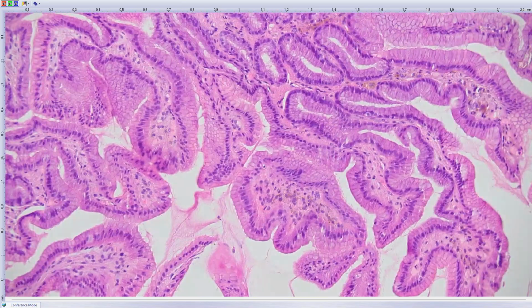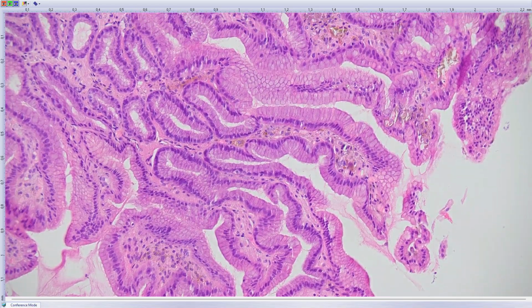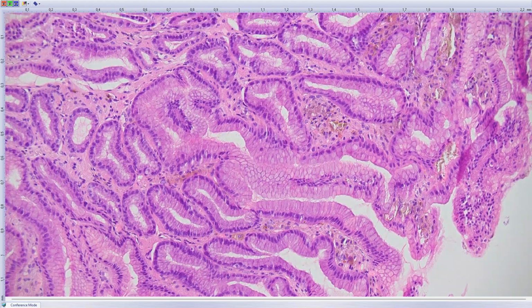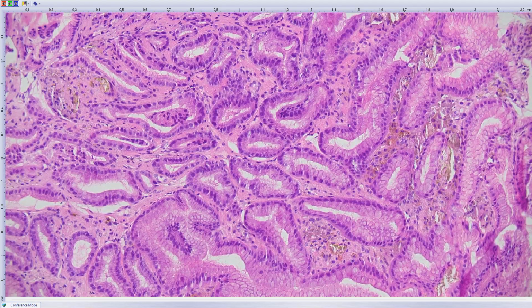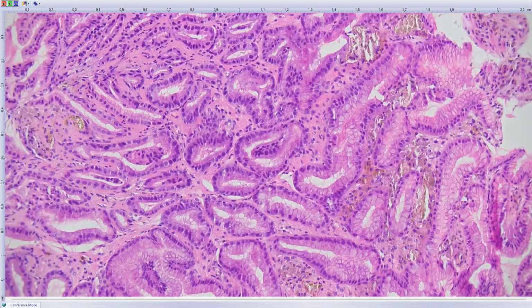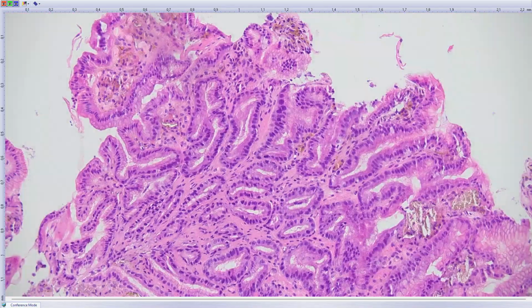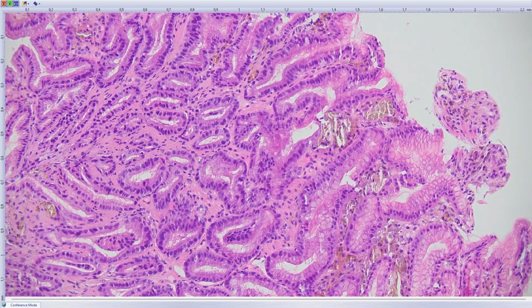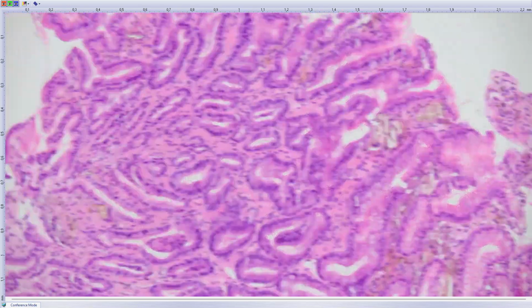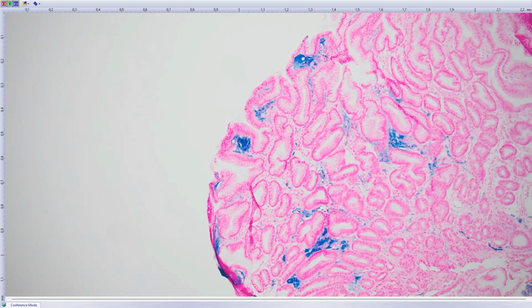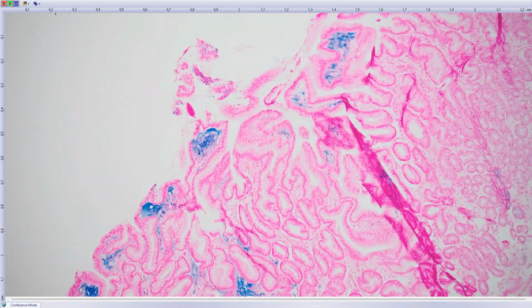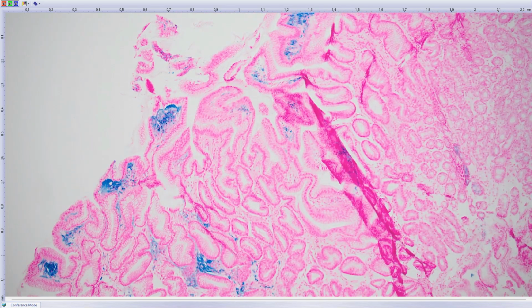But in addition, in some parts, you can see this golden brown pigment. And you really don't need to do the histochemical stains, but I have performed staining, and it's positive, okay? So this is so-called iron pill gastritis.